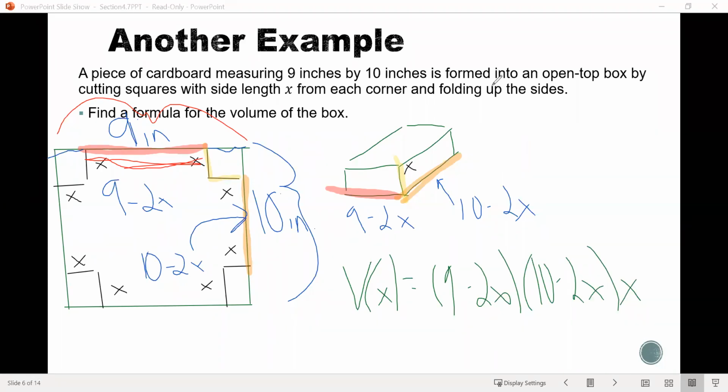Okay. And I believe if I multiply that out, what we end up with is 4x cubed minus 38x squared plus 90x. Okay, and you guys can double check that for me.